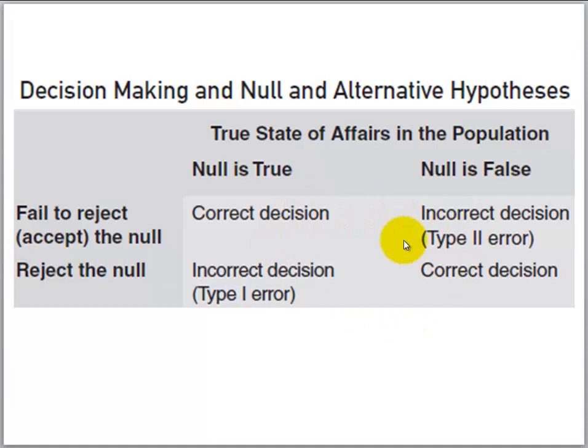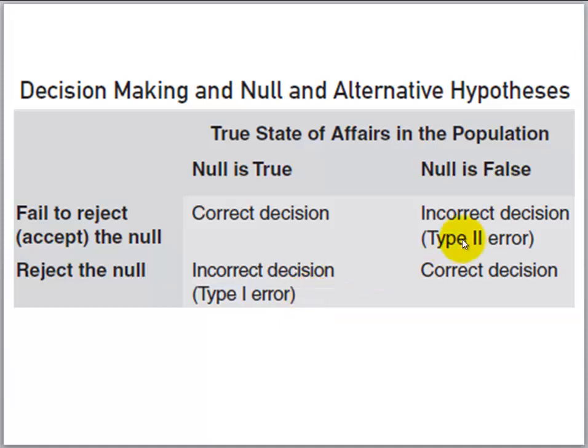Now, when the null is true, sometimes the researcher makes a type 1 error, and indeed, the probability of that error equals alpha. So we know the probability of type 1 error. It's simply 0.05 or 0.01, depending on which significance level is used.